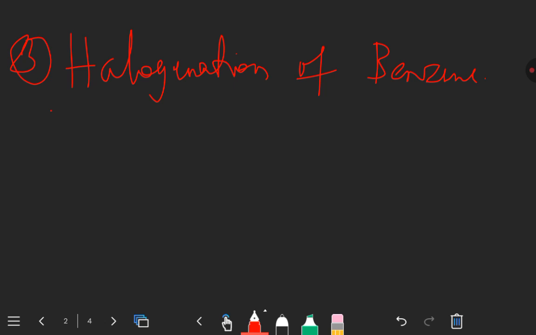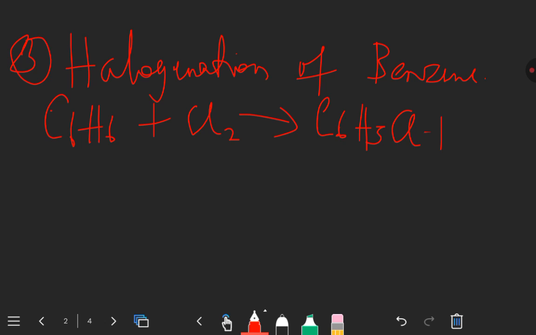We are reacting the benzene with a halogen, let's say chlorine. Then we're able to form a product which is known as chlorobenzene, C6H5Cl plus HCl. So this product is the one we are calling chlorobenzene.